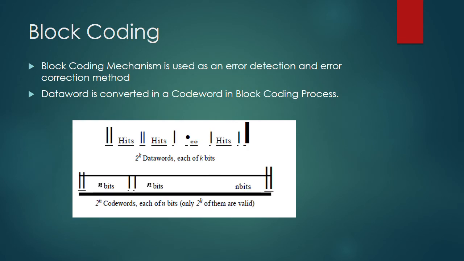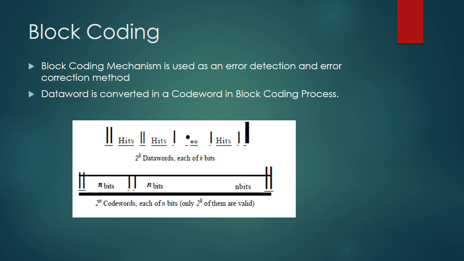Block coding is a mechanism to detect the error and correct the error. So redundant bits are used here. In the redundant bit technique in block coding, there's a data word that the sender sends to the receiver, and in the sending part, the sender adds redundant bits, and it creates the code word and sends it to the receiver.